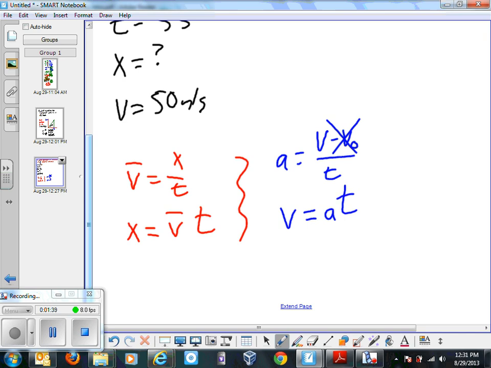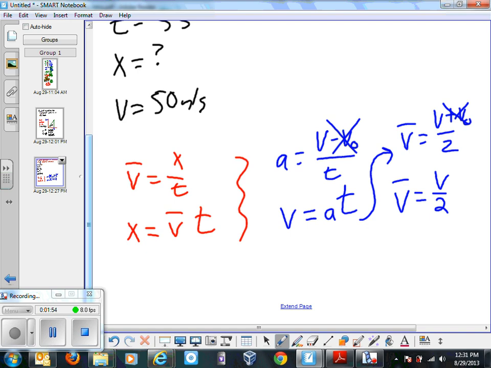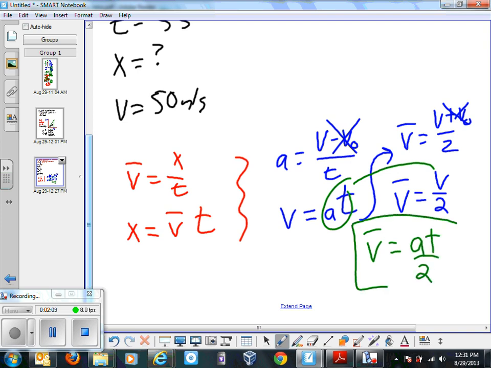Now, as long as this is a constant acceleration, we can say our average velocity is v plus v sub naught divided by 2. Since v sub naught is 0, our average velocity becomes v divided by 2. If we substitute at in for v, our average v is at divided by 2, as long as we start at 0.